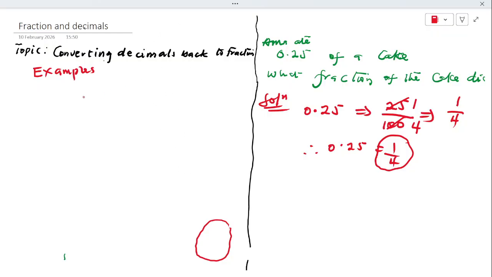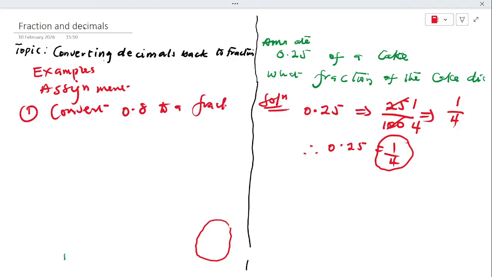So now let's look at your try question. So this is your assignment. 1, convert 0.8 to a fraction. And 2, convert 0.32 to a fraction.